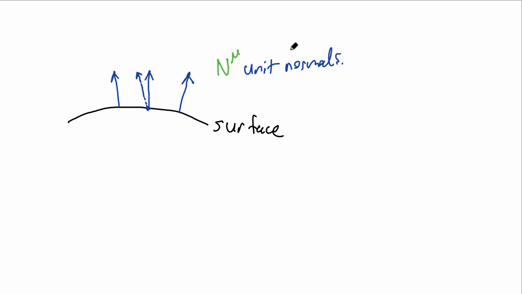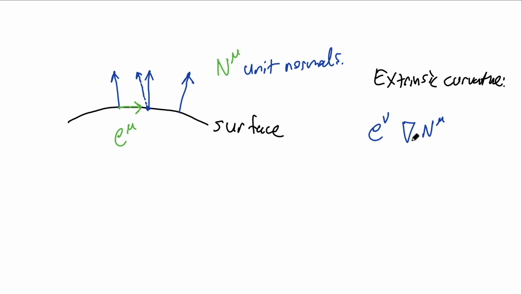components n mu. And let's also introduce a set of basis vectors in the surface. So here's a vector e with components e mu. So the way the extrinsic curvature is defined is by parallel transporting the normal, and that's done with the covariant derivative of n along the direction of some basis vector e.